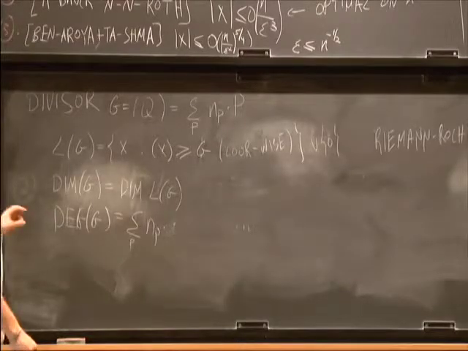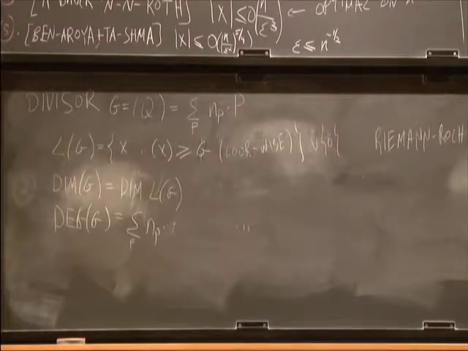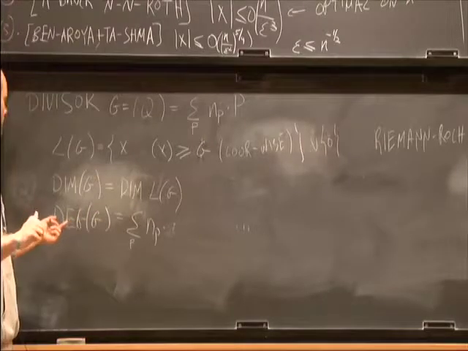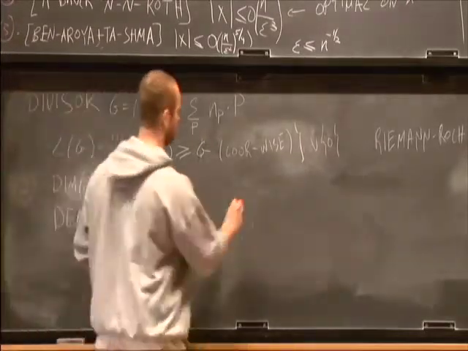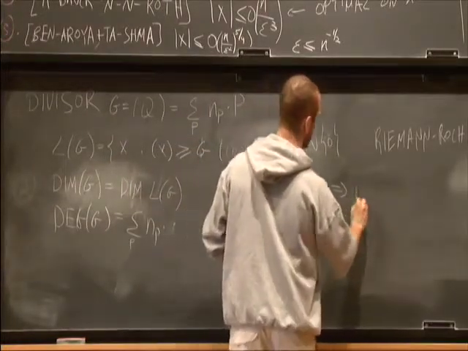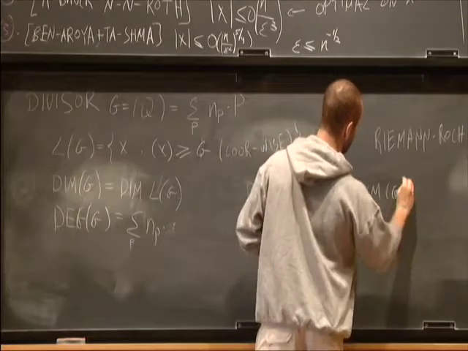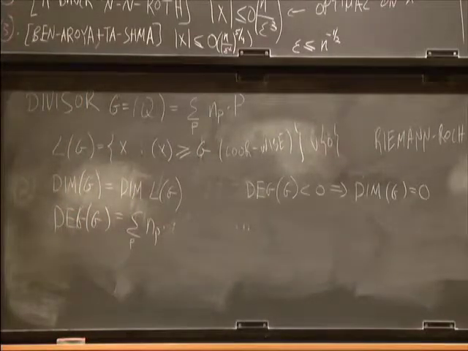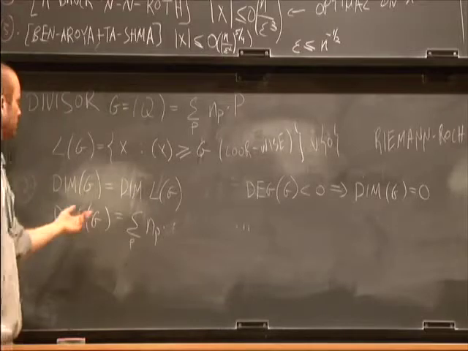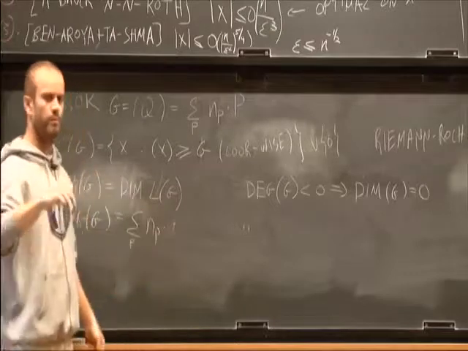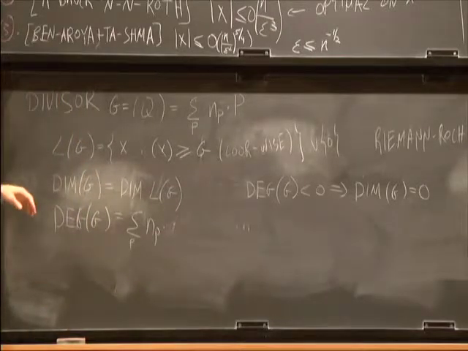One property is that if the degree of a divisor is smaller than 0, then the dimension is 0. There are no rational functions that are bigger than something that has only poles in it, or something like this.